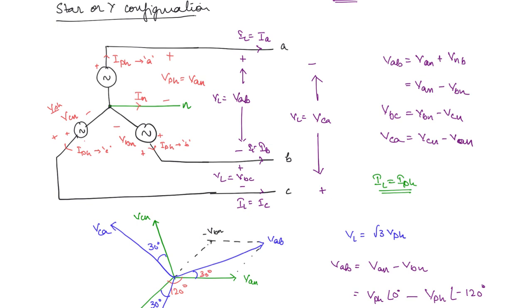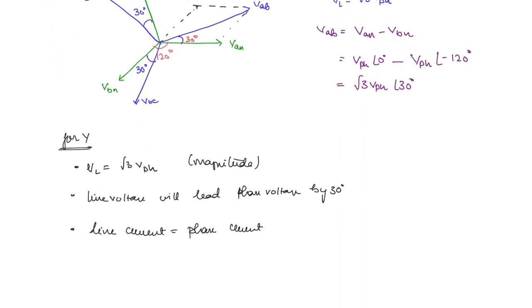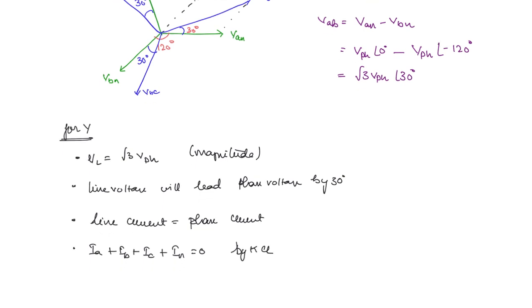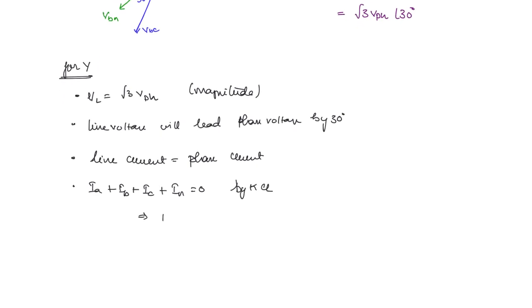Okay. So that means you can write IA plus IB plus IC plus IN is equal to 0. This is by KCL. So this implies that IN is equal to 0 since the sum of phasors for a balanced system is equal to 0.